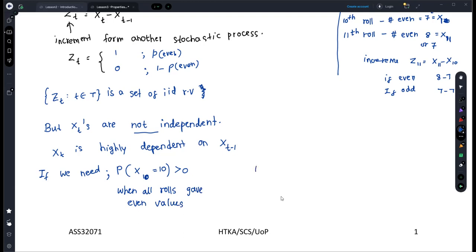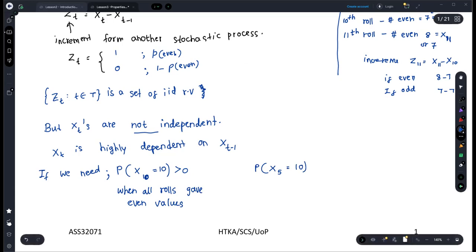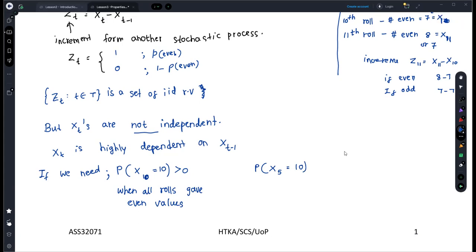Tell me whether this is possible. At the fifth roll, the number of evens is 10. Is it possible? What is the probability that this can happen? It's not possible, right? You have rolled only 5 times. So there's no way that you'll end up with 10 evens.